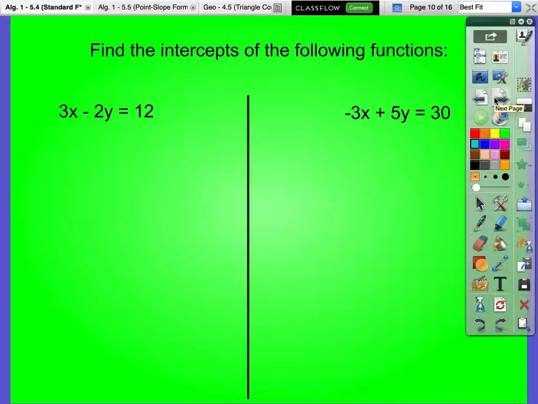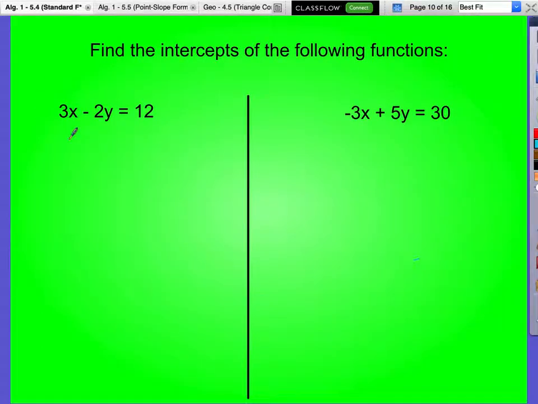Okay, so of these functions, I want you to do this function right here. The 3x minus 2y is equal to 12. And I want you to find the x-intercept and the y-intercept. So I want you to find the intercepts of this function. So go ahead and find those intercepts.